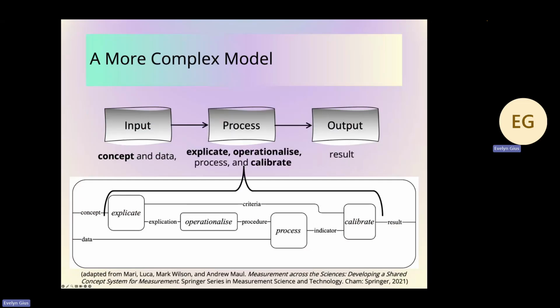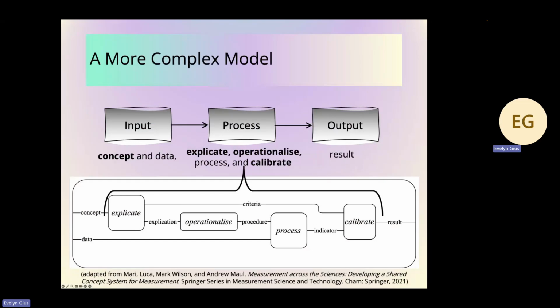And that's also because here we have quite a huge process, right? That's not something we or I came up with, but it's adapted from Mari et al., who have a very interesting book called Measurement Across Sciences, and they proposed a general model for doing measurements and the different steps of doing that, which are basically explication.